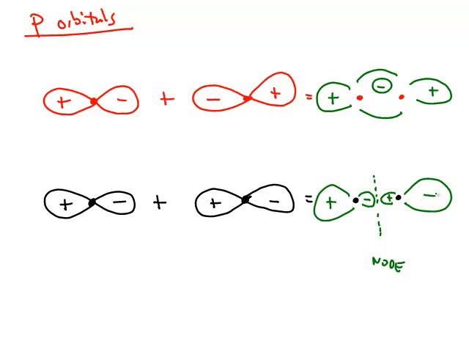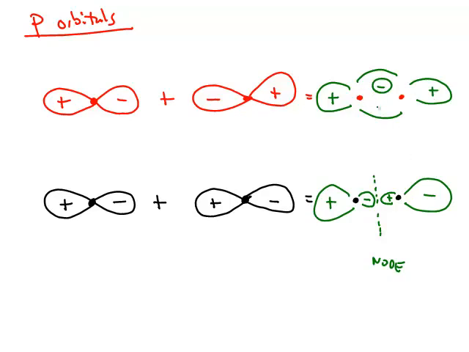Every time we do this combination, one part is going to give us a bonding MO, and the other possibility gives us an anti-bonding. The one at the top is good for bonding. The one at the bottom is bad for bonding because we created the node.